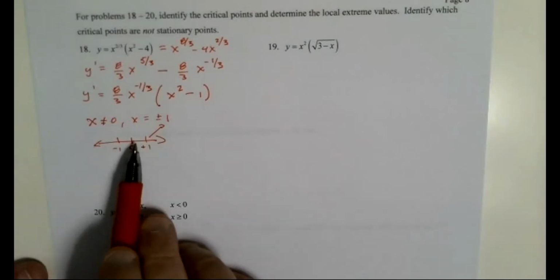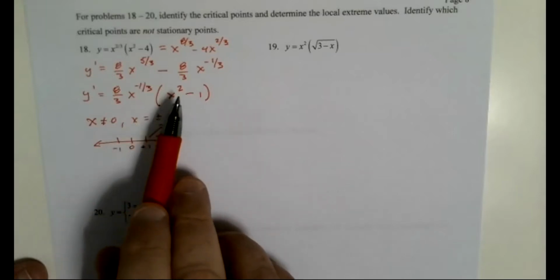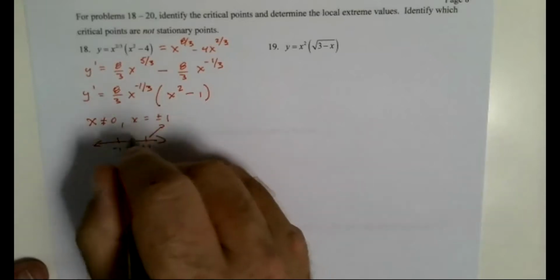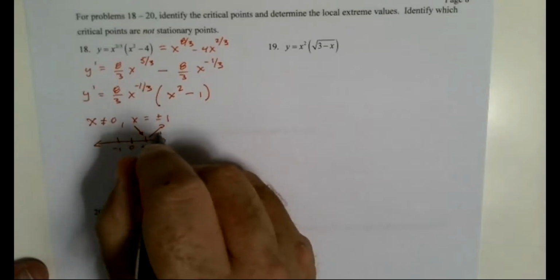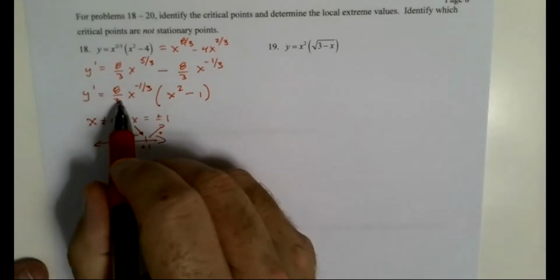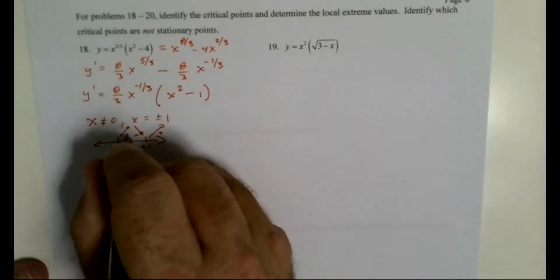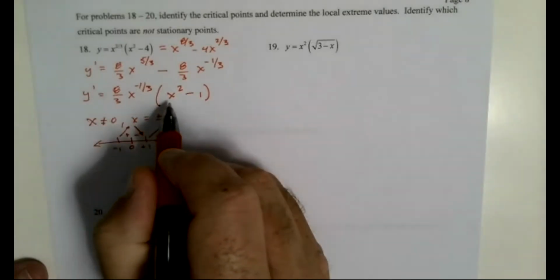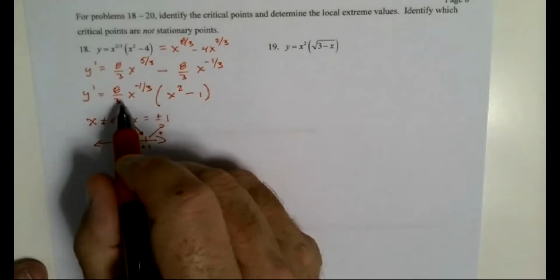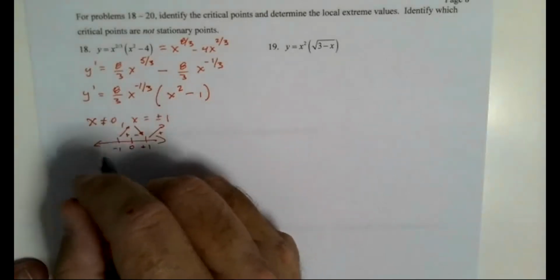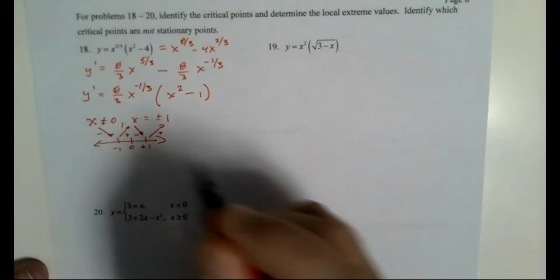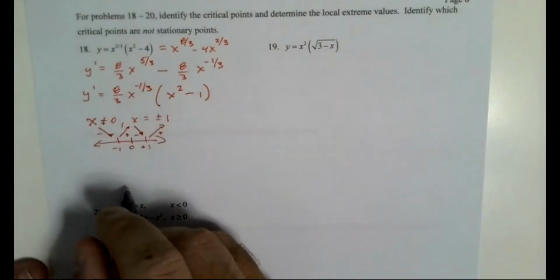Plug in 1/2 and we get negative, positive, so we get a negative. Plug in -1/2, we get negative, negative, positive. Plug in negative gazillion, we get negative, positive, which is negative. Probably should have graphed this a while ago. Let's see what's going on.